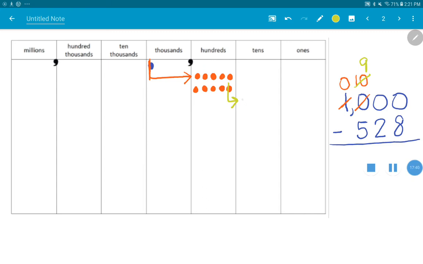I'm going to put that in the tens place. 1, 2, 3, 4, 5, 6, 7, 8, 9, 10. Tens. Okay. All right, hang on just a second. So I'm going to show that on here by putting a 10 in the tens place.